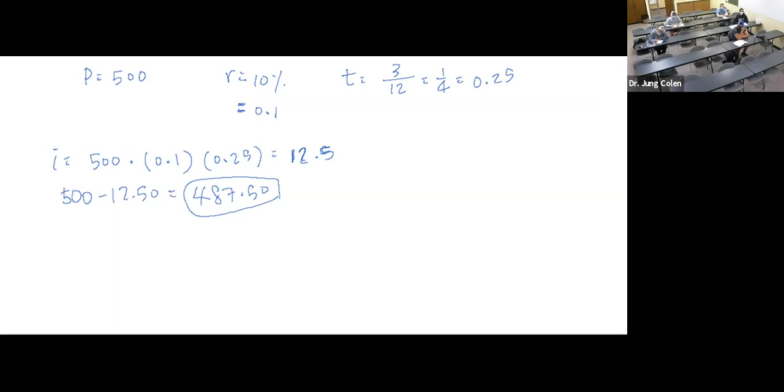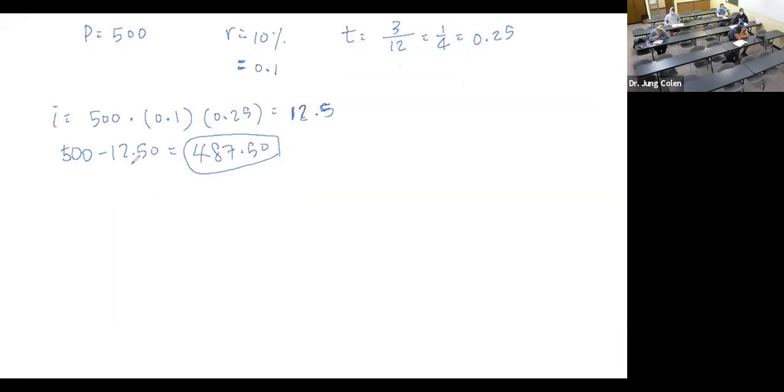Now take a look at this again. She's not getting $500. She's actually getting $487.50. So that is actually your principal, isn't it? And how much interest is this one? We're gonna find out the actual rate using this principal. So we have I equals PRT.